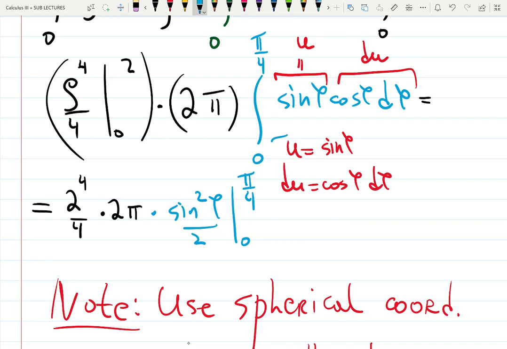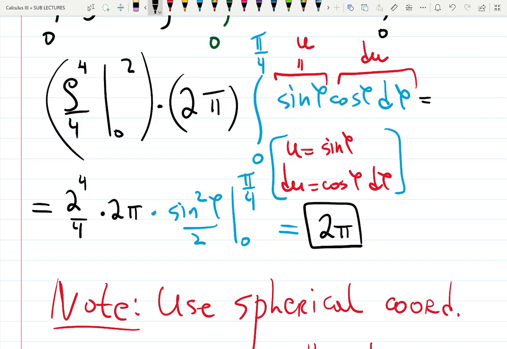This is how I'm avoiding changing the limits of integration, but actually you could. Sine of 0 is 0, sine of pi over 4 is square root of 2 over 2, but it's just u squared over 2 anyways. So the final answer is 2 pi. All of this ends up to be 2 pi. Simple and elegant. And that is the volume of an ice cream cone.